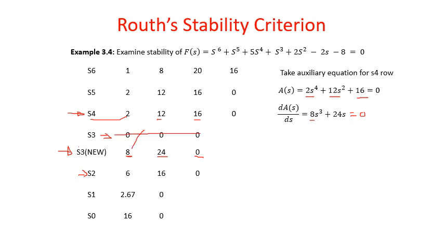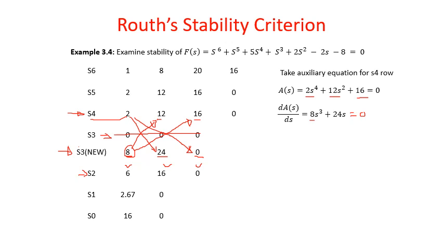That is 8 multiplied by 12 minus 2 multiplied by 24, divided by 8, so you will get 16. Similarly, 8 multiplied by 16 minus 2 into 0, divided by 8, so it will be 16. Next term we don't have, so it will be 0.